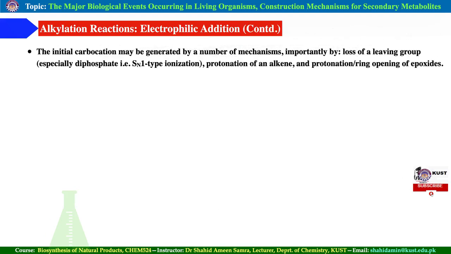So the initial carbocation, as we've seen in the previous slide, was generated by a dephosphorylation reaction. That is, the diphosphate group was being removed. In addition to that dephosphorylation that is happening by SN1 mechanism, the carbocation may also be generated by protonation of an alkene or by protonation and ring opening of epoxides.